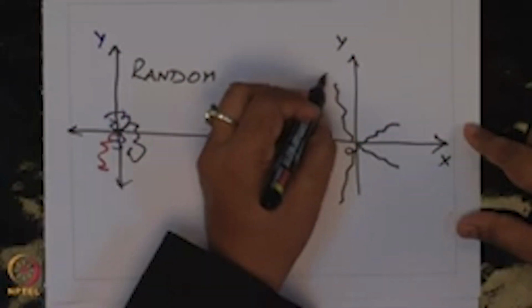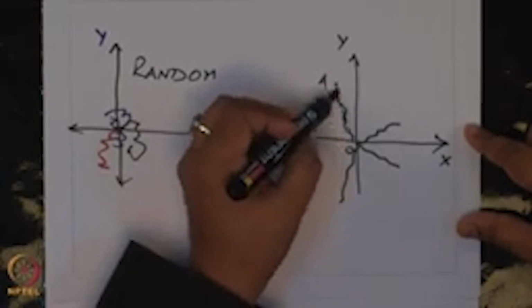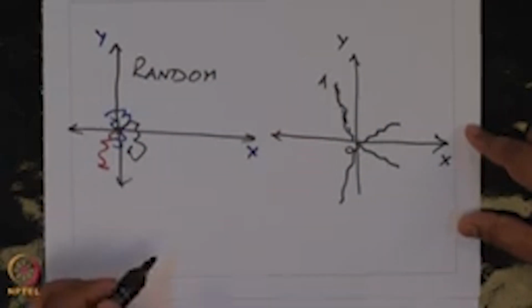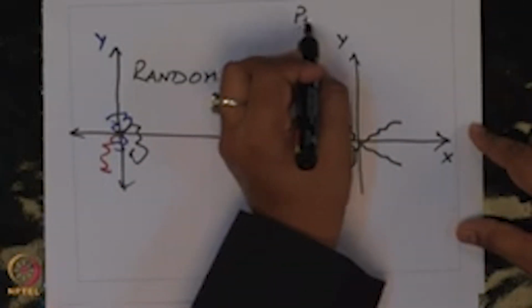Now, what might be a metric to quantify whether a migration profile exhibited by a cell is random or persistent? There can be multiple formalisms. Think of just this trajectory here, let us say OA, and I draw the distance that it travels from starting point to the ending point over a period of time. This is persistent.